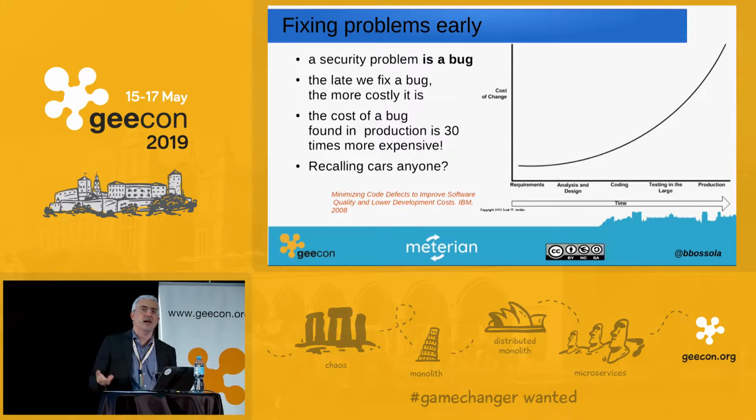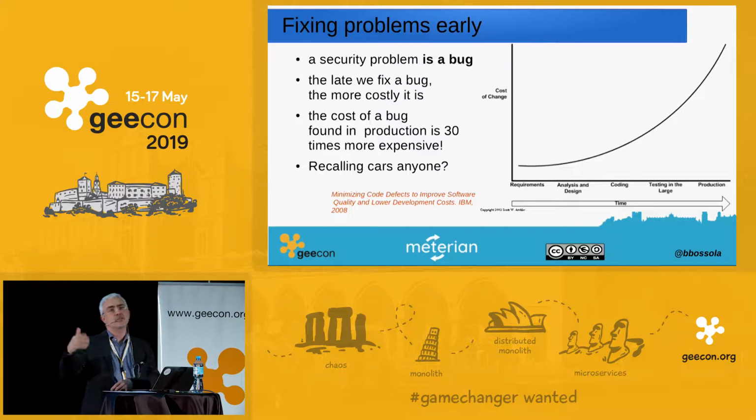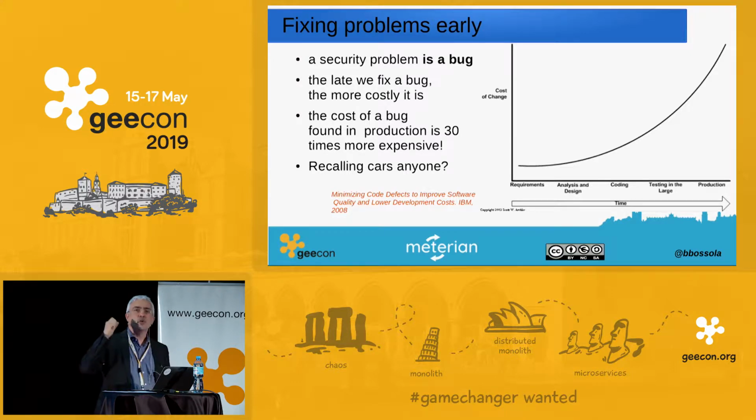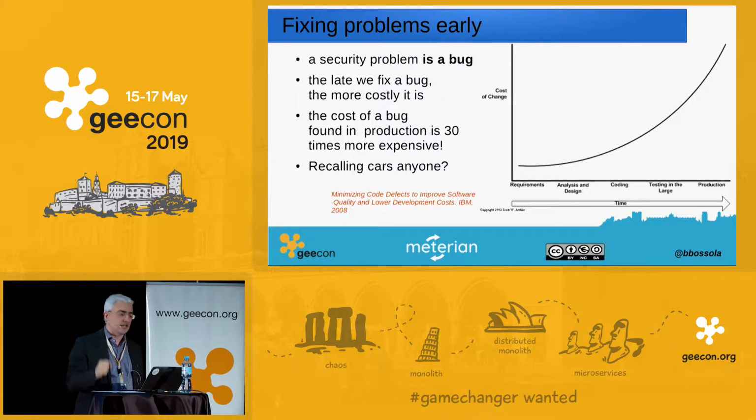And the problem with bugs that happen late in the production time is that they are very difficult to fix. So the cost is much, much higher. This is one of the reasons why agile methods were born, to keep the cost of change very low everywhere. But regardless of that, a security bug in production is a nasty one. So you want to try to fix it as early as possible.